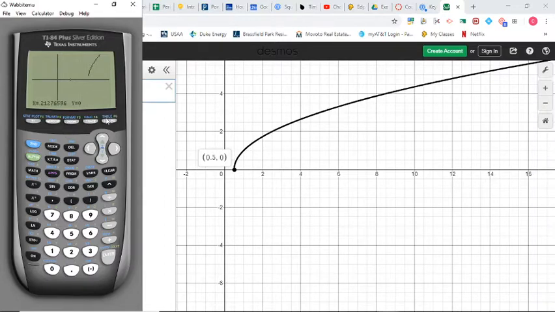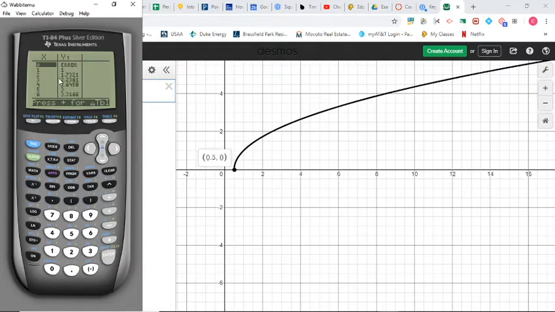Another way you can find it, you can look at the table. You could hit second table, and this is where y would be 0. So let's see here. See, it's not showing up on here because our x value is a half, and I currently just have whole numbers.